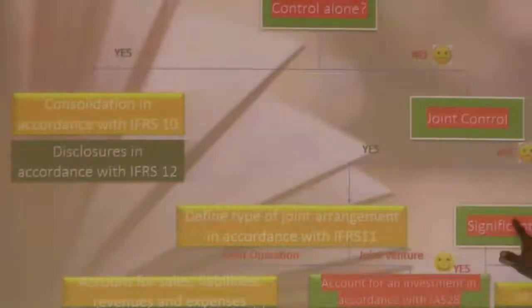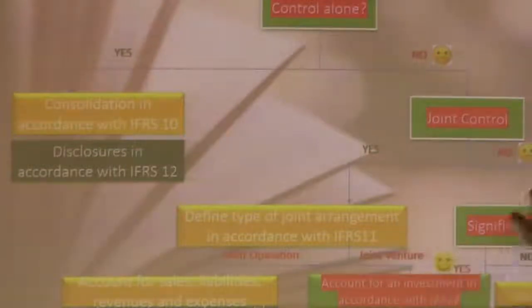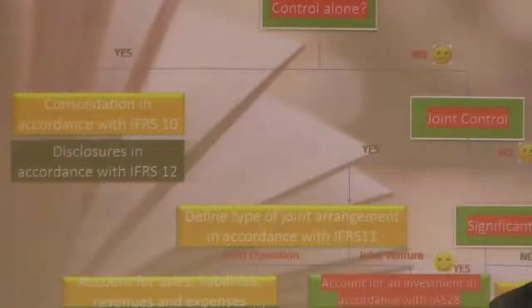Why? You have significant influence, right? Yes. So if you have significant influence through joint venture or associate, you apply equity method to prepare financial statement, not the consolidation method, equity method. That will explain through this red color journal. Right? Just wanted to show this slide.